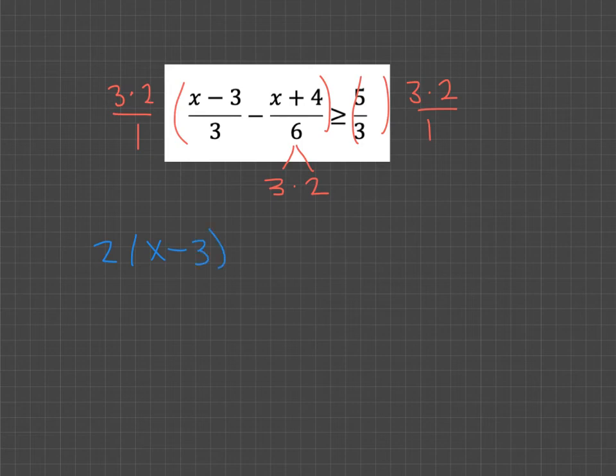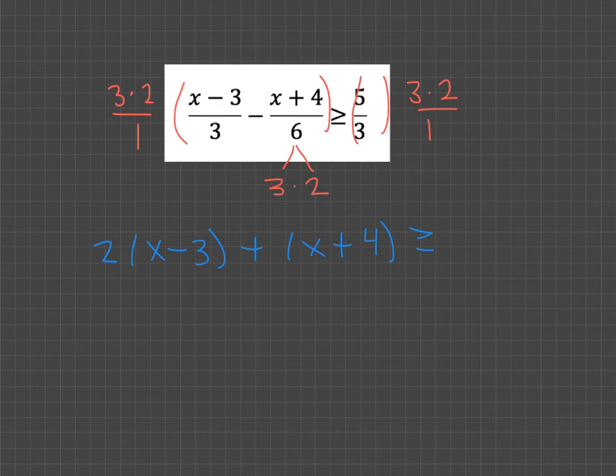But that 3 in the denominator cancels out. And then both the 3 and the 2 are going to cancel with the 6 in the denominator of x plus 4 over 6. So we're just left with x plus 4, because the 3 cancels with the 3 and the 2 cancels with the 2.